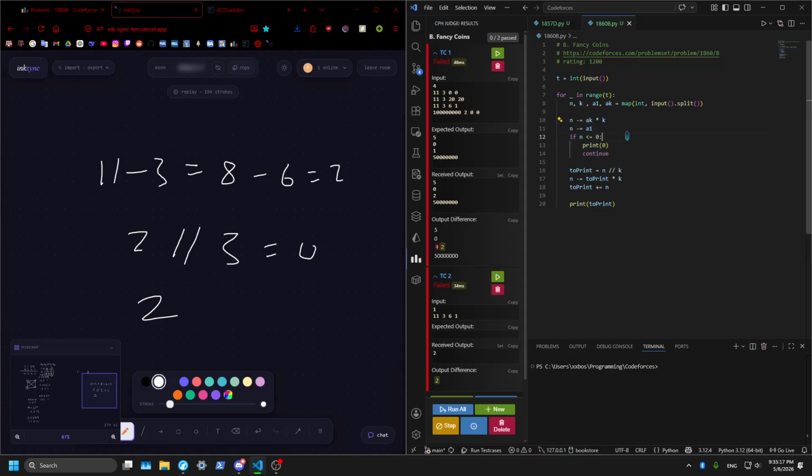This logic is incorrect. It's not good to just use all of the normal coins, because then we can use one special coin. Well, it is correct to do this. It's just we need to check for the last coin.